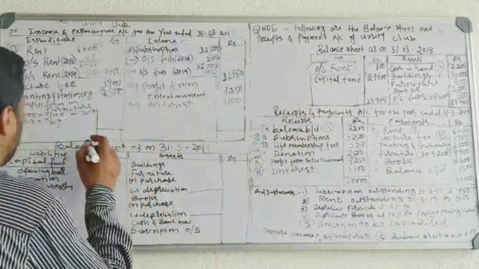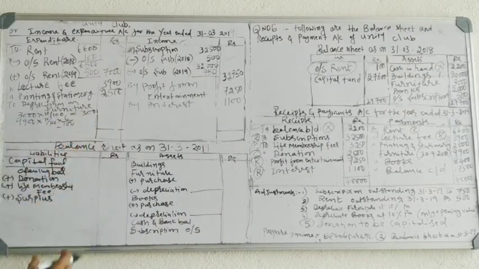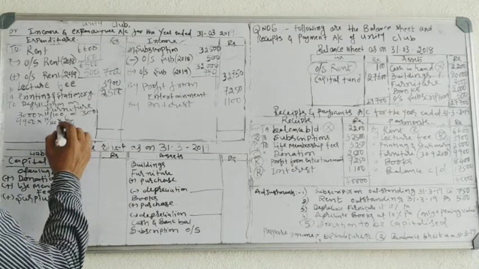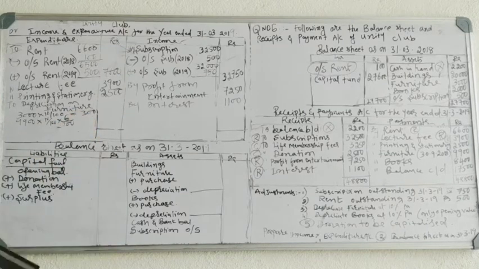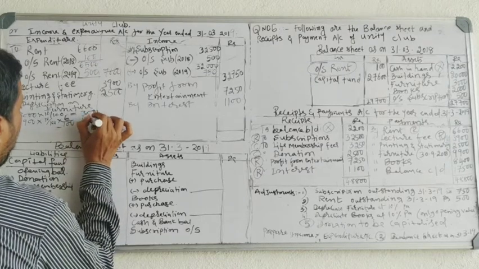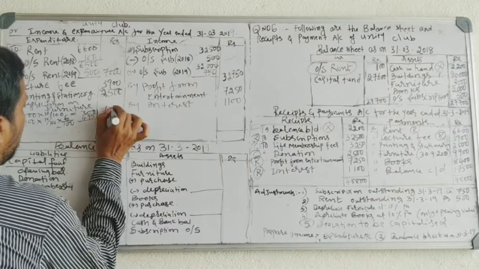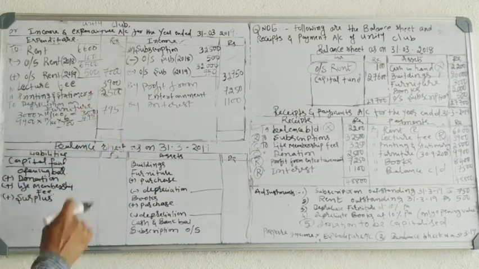So 6 months depreciation, 6 by 12. 9,900 into 10% into 6 months, 495. Total depreciation is 795.